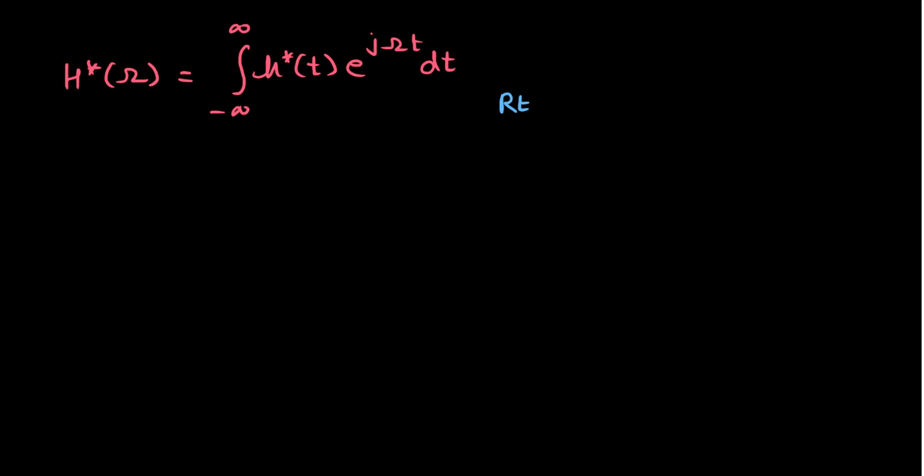So what we have is H*(omega) is equal to the integral from minus infinity to infinity of h*(t) into e to the power j omega t dt. And if we consider real valued systems, that is for real valued systems, h*(t) is equal to h(t).